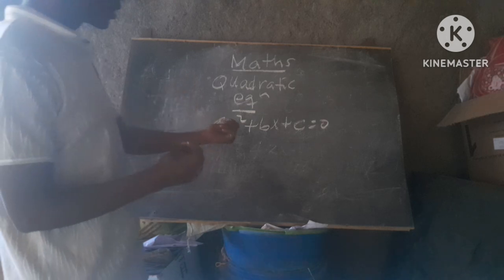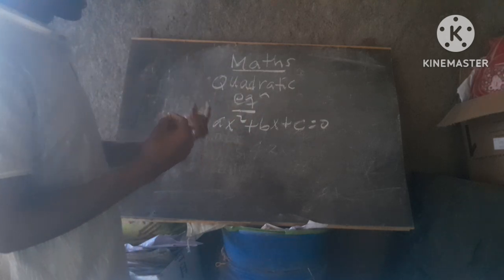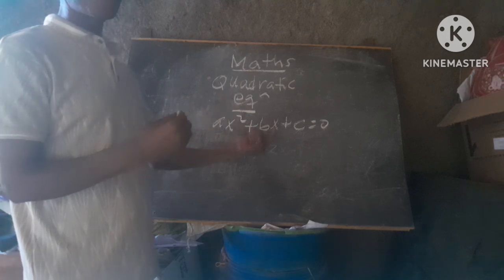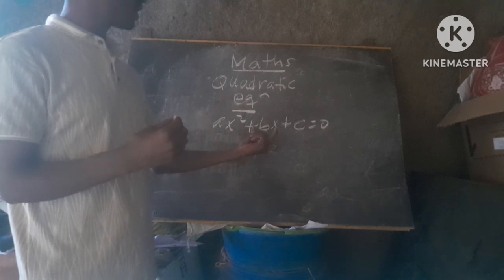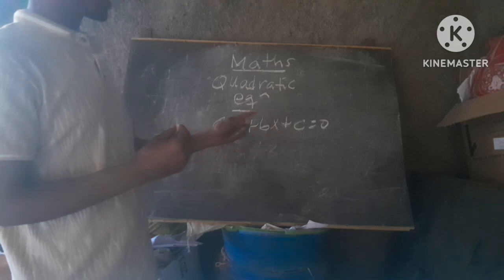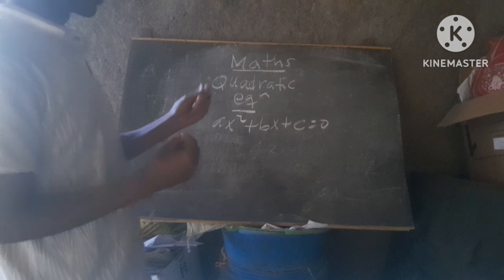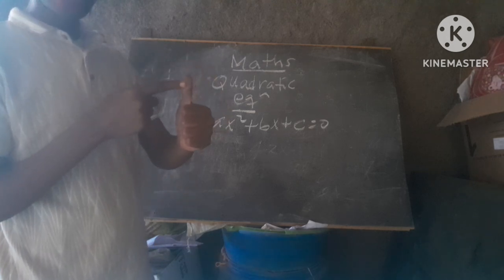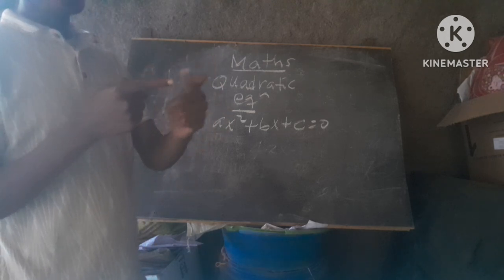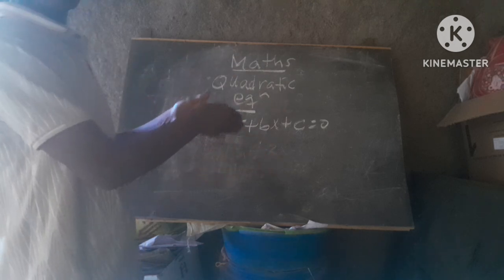Before solving this quadratic equation, we can predict the solution. As I have said earlier in the explanation of linear equation, this quadratic equation has at most 2 solutions. Okay, at most 2 solutions, which means it may have 2 solutions, it may have 1 solution, or it may not have any solution, depending upon the domain.